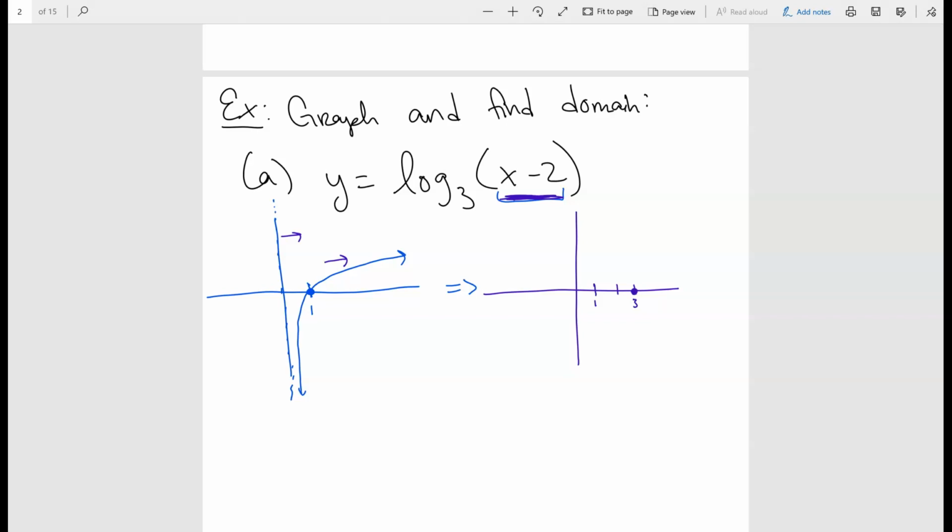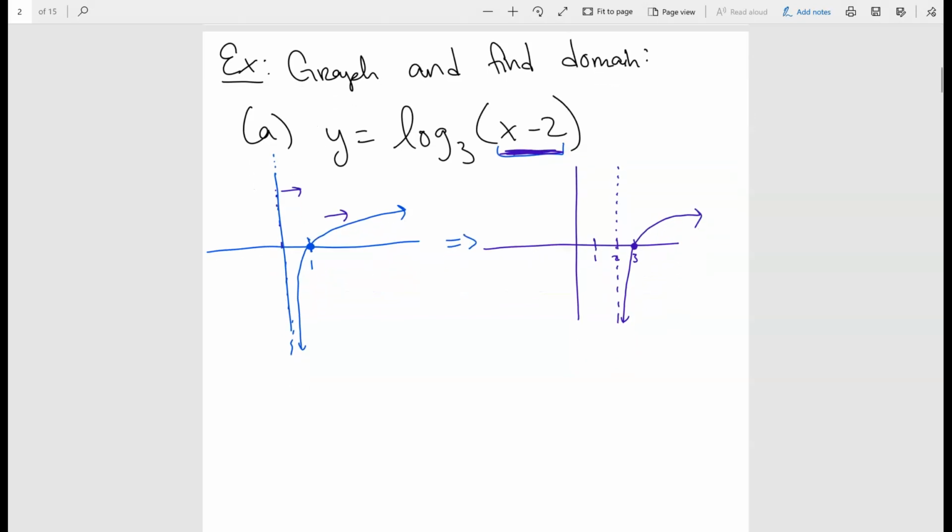This was at 0, now it's going to move over 2 units, so the vertical asymptote is at 2. So now this graph is going to look something like this. Our domain is going to start at 2, 2 is not included, and it goes off to infinity. That's my solution.